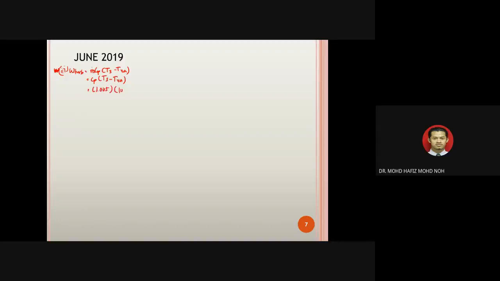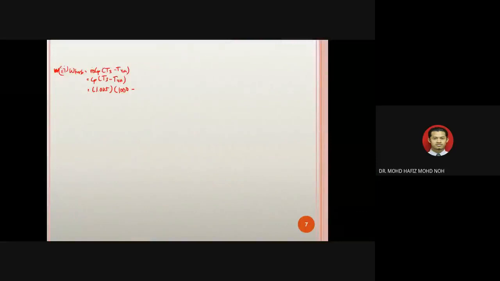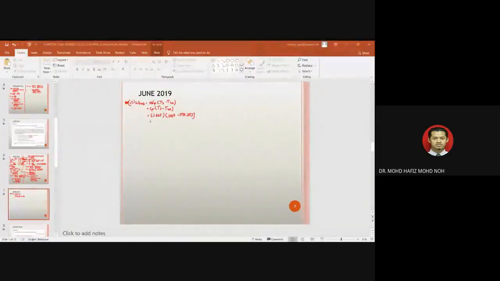T3 is 1000 Kelvin, and T4 you already calculated. T4 actual is equal to 590.2553. So based on this, you will find the value of W turbine is equal to 411.7934.